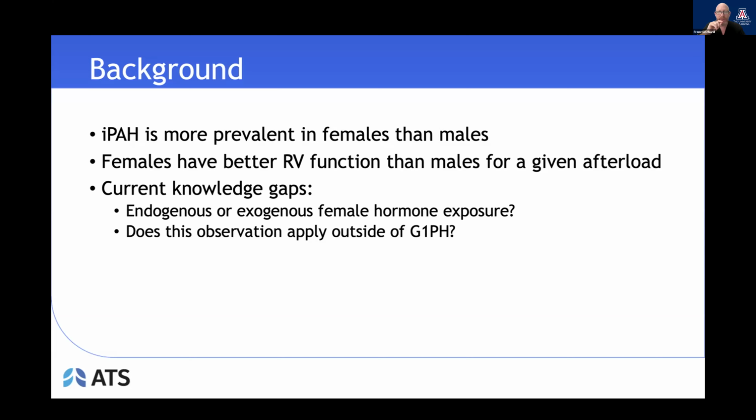There are some knowledge gaps which remain, and those are whether or not endogenous or exogenous female hormone exposure has some way to mediate either the severity of disease and the mortality or both. And does this observation apply for pulmonary hypertension in general?